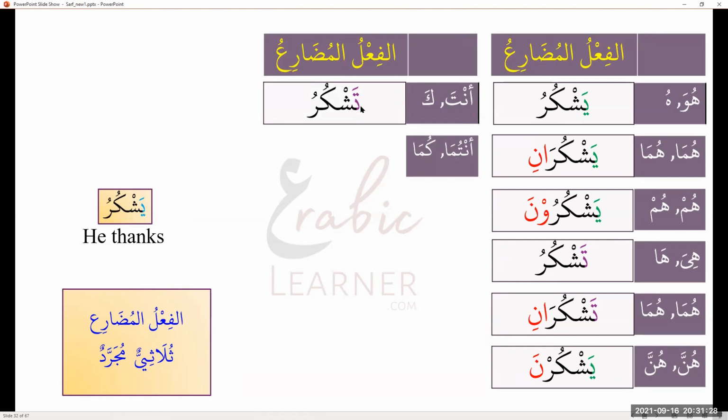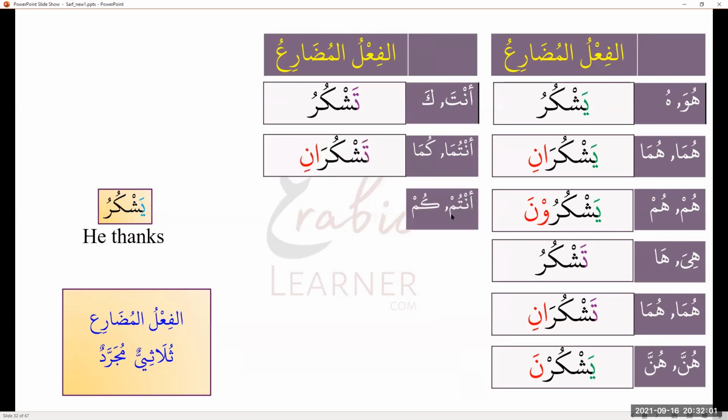So Ta is used for second person as well as for these two feminine cases: the Hiya version of feminine third person and the Huma version of feminine third person. Clear? Tashkuru.